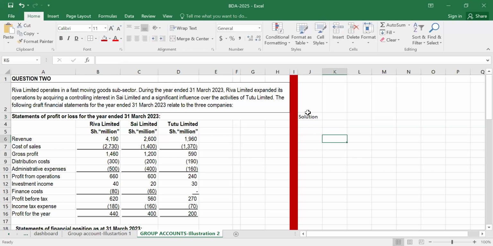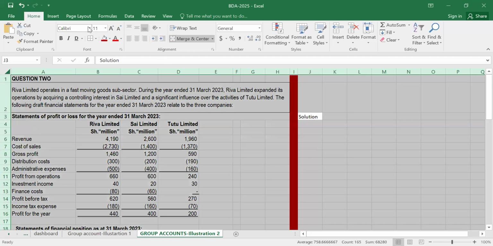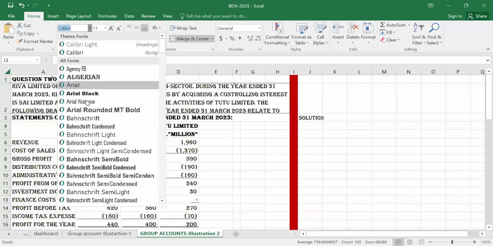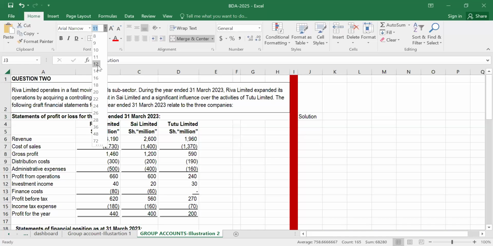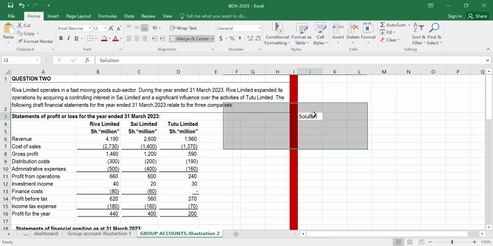So therefore, the first thing here is basically to come up with a group structure. And in this case, we're going to use the information which is provided to us here. So that is the first thing we are going to do. We come up with a group structure. So let's start with the workings here. Well, actually, we can say this will be a solution.